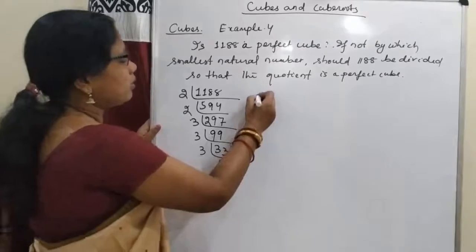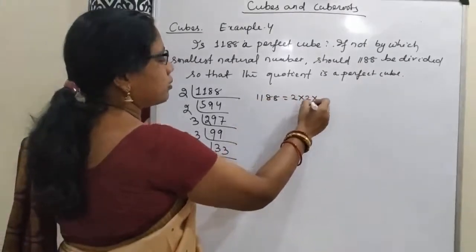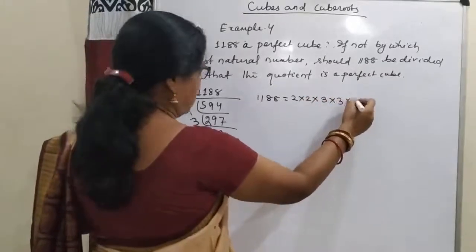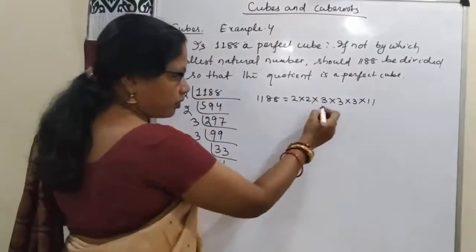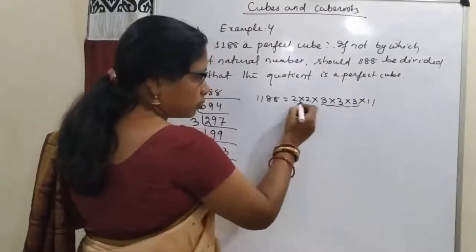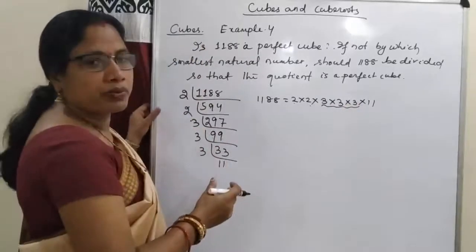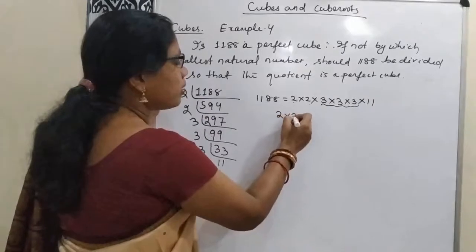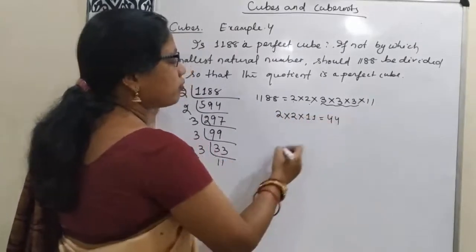So 1188 is equal to 2 multiplied by 2 multiplied by 3 3 3 then 11. So if we group the factors, 2, 2 and 11 are left; they are not grouped into 3 factors. So 2 multiplied by 2 multiplied by 11 is equal to 44.